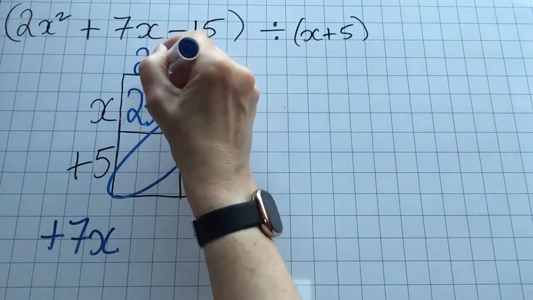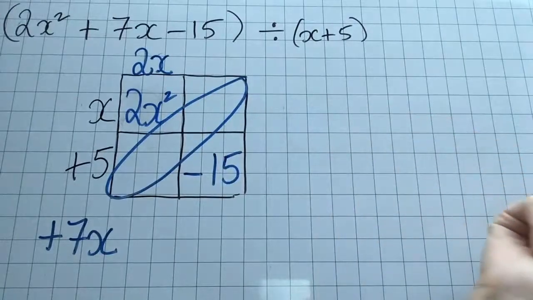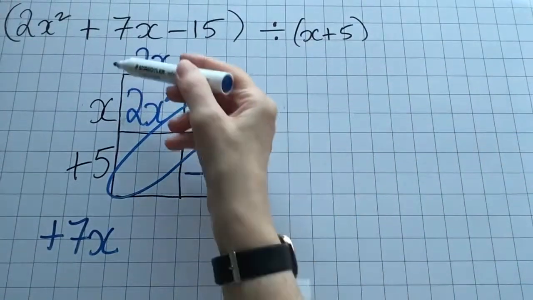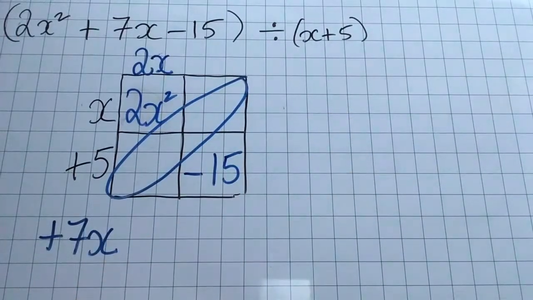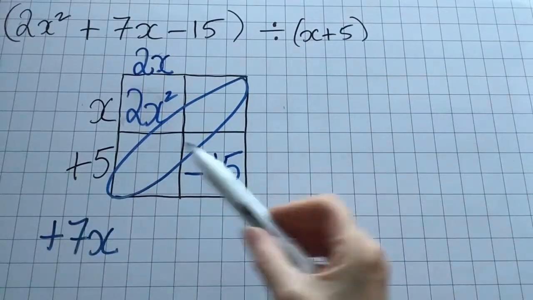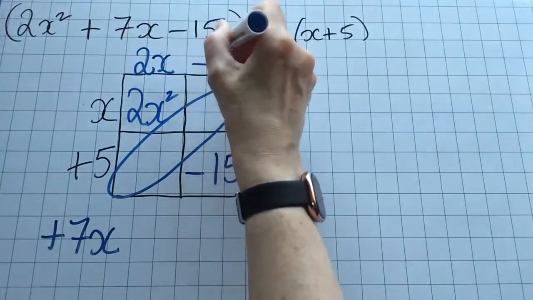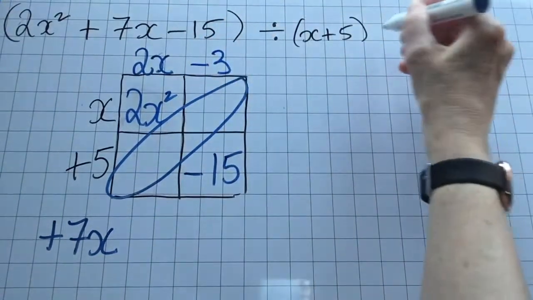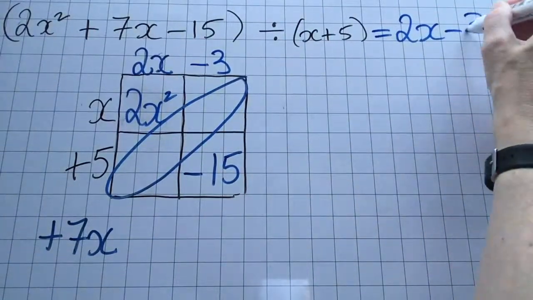So it's 2x. So remember what we were doing, finding the area of this rectangle. So x times 2x is 2x squared. Now I want to know what multiplied by 5 gives me minus 15, and it's minus 3. So my answer is 2x minus 3.